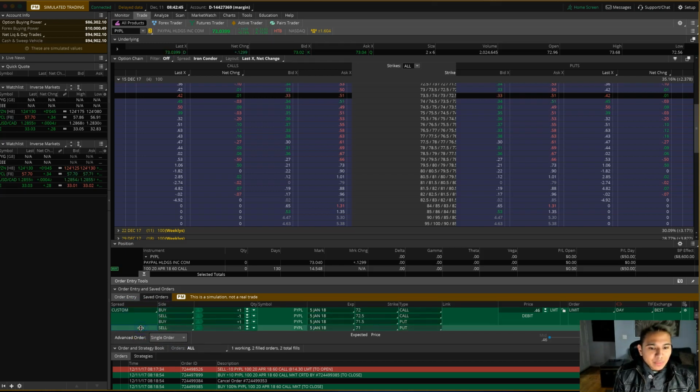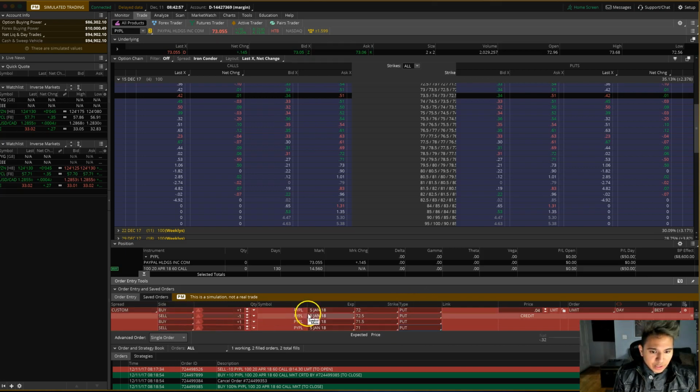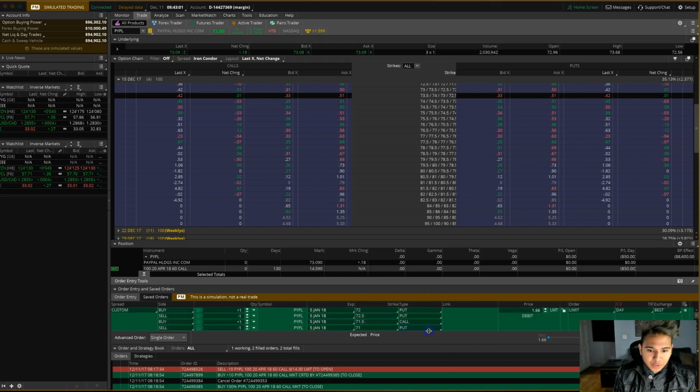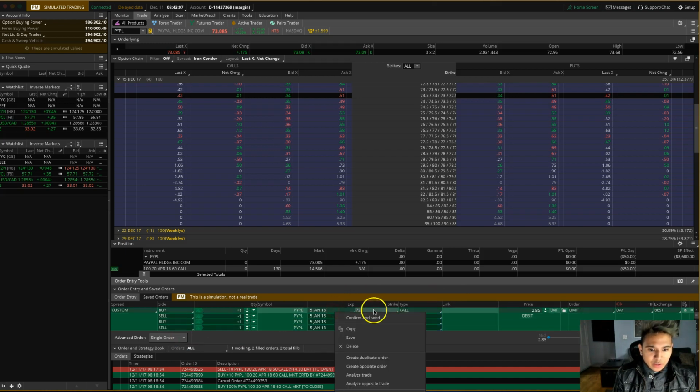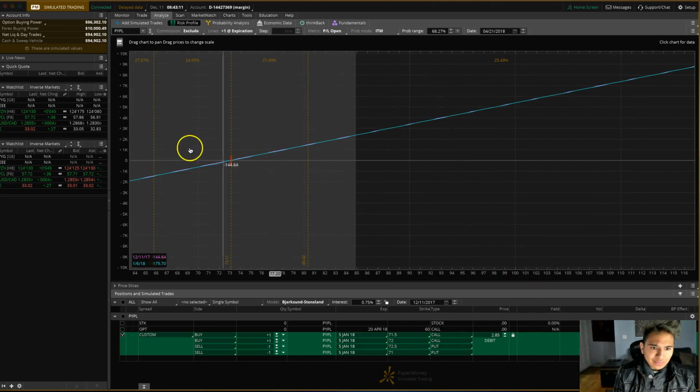You can go custom. So now you have 4 orders as if it were an Iron Condor, and then you can kind of do whatever you want. You can call, put, call, put, all puts. So then buy, put, which is probably not something you want to do, but then you can kind of switch them around and then left click or right click and then go to analyze trade.